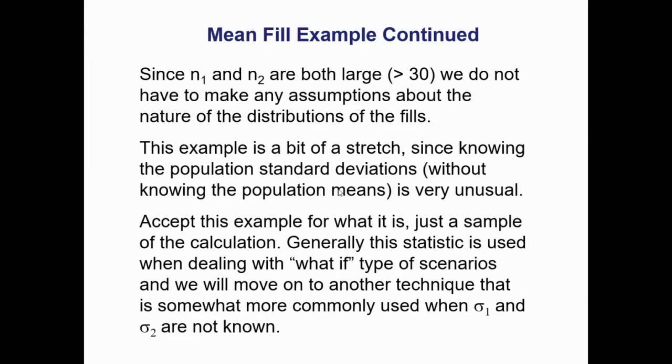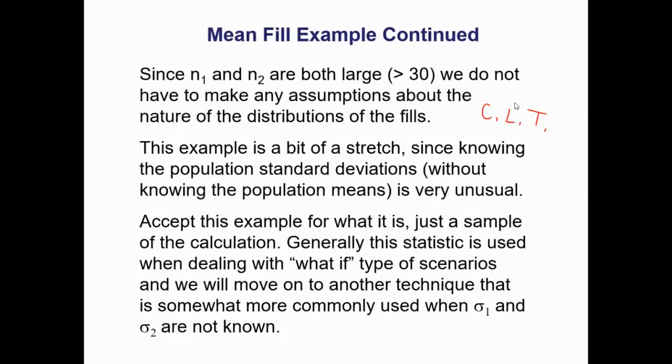Not central value. What's the L stand for? Limit. Central limit theorem. The central limit theorem allows us to say, okay, it's greater than 30, it's going to be approximately normal.